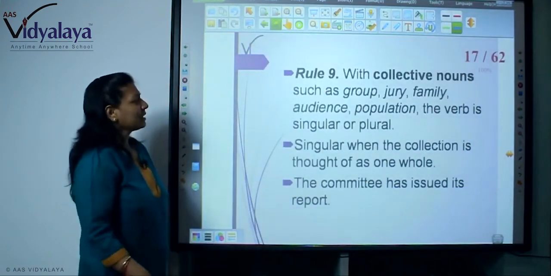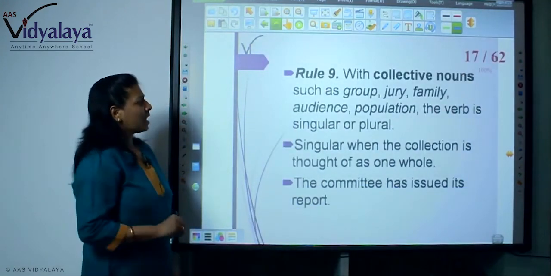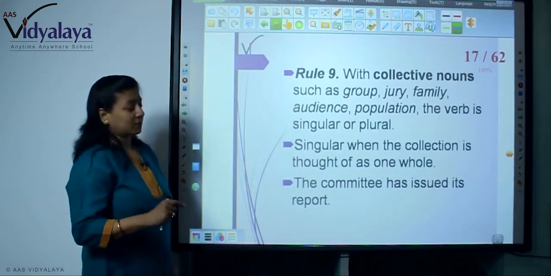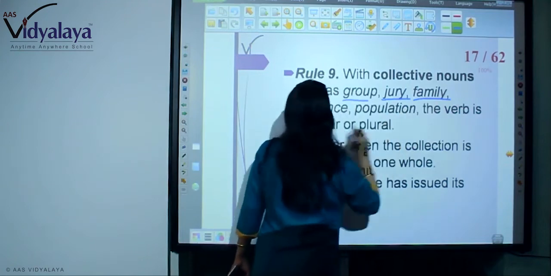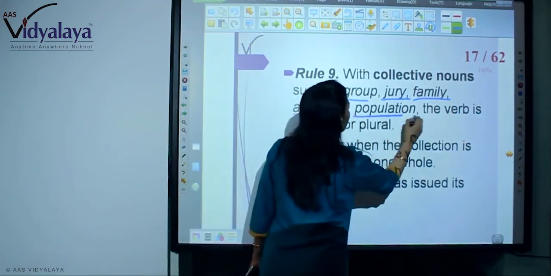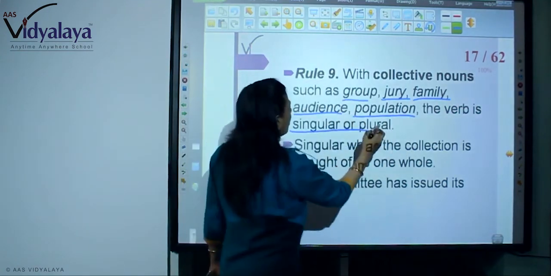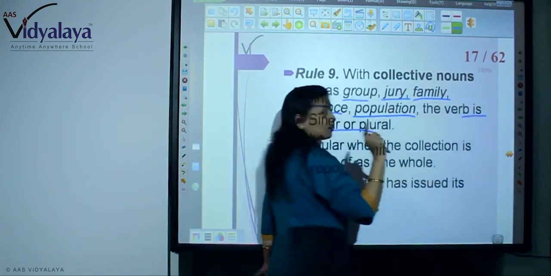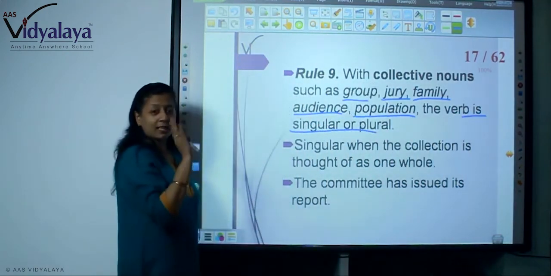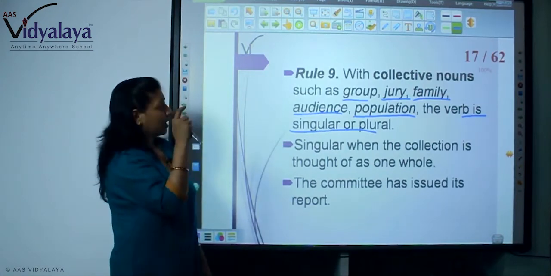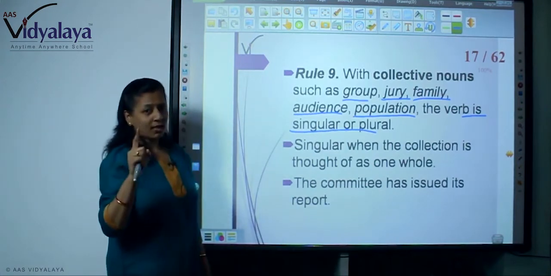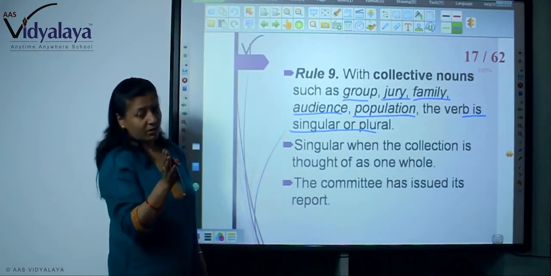Now, rule number 9. With collective nouns, very important. With collective nouns such as group, jury, family, audience, population, the verb is sometimes singular, sometimes plural. When we consider the entire group as one, use a singular verb.